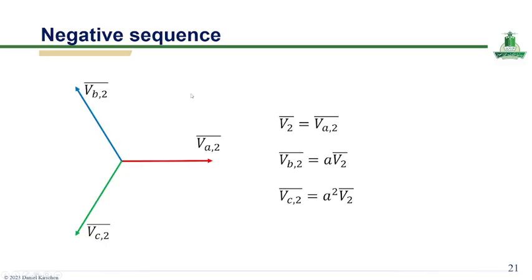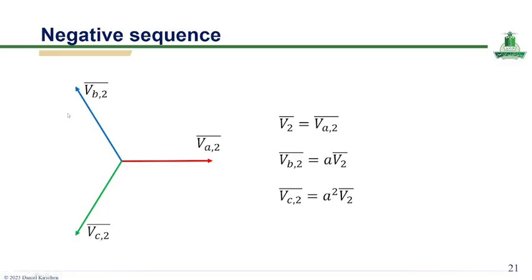In this slide, I want to introduce the concept of negative sequence by phasor diagram and appropriate equations in three-phase power systems. In this case, the three phasors are still balanced in magnitude but, as I told you, rotate in the opposite direction.